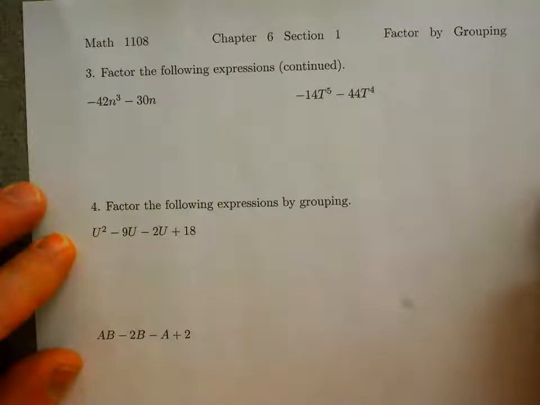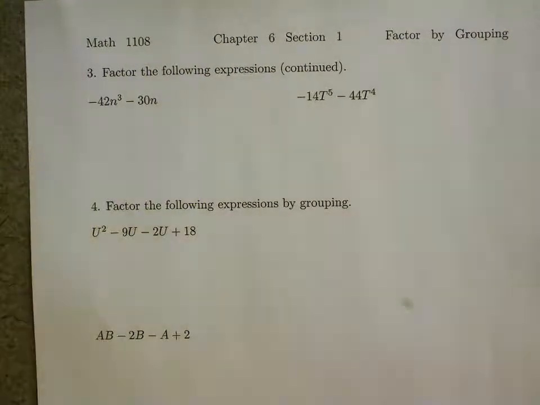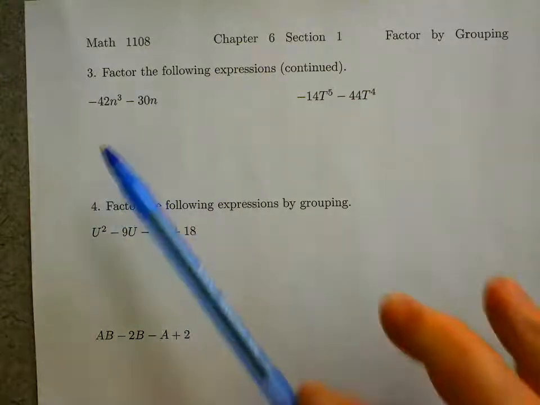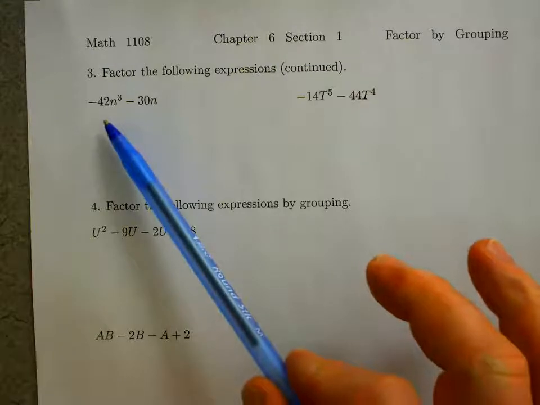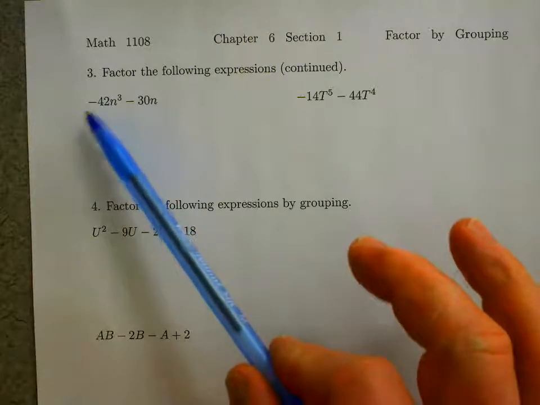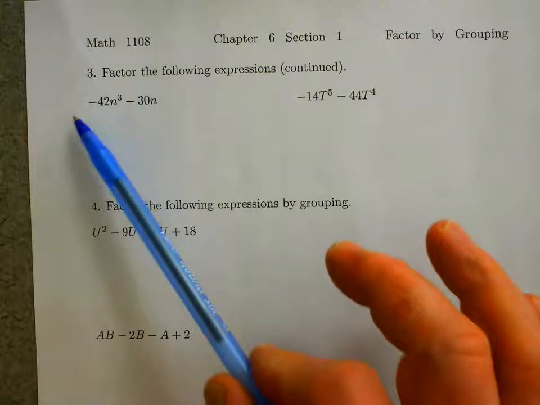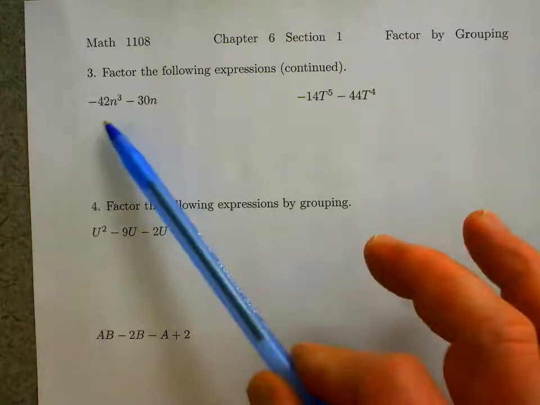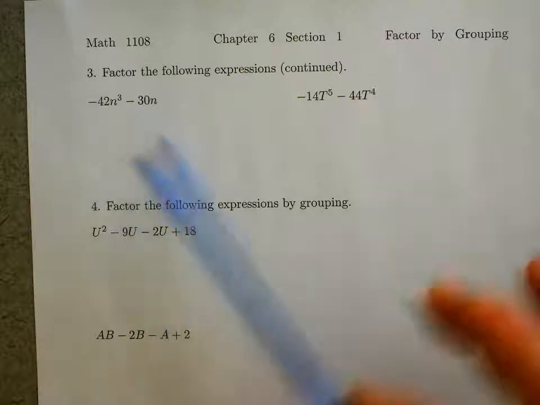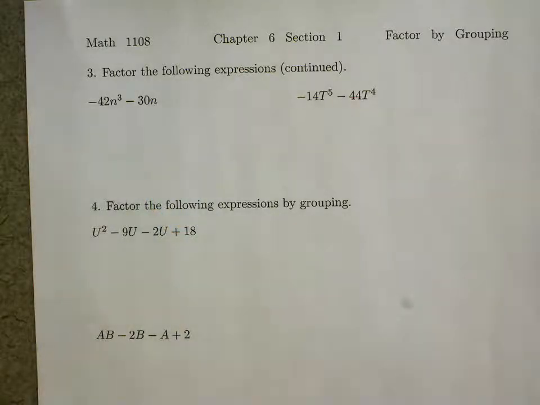Okay, factor the following expressions. In cases like this, where we have negative 42n to the third for a leading term, it's often easier if you factor out the negative of the greatest common factor.